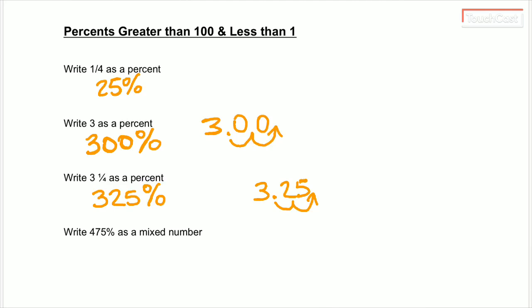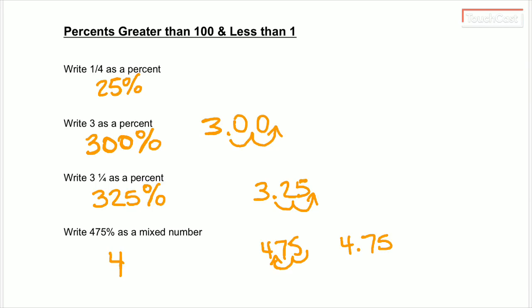Lastly, we have to go backwards. We have to look at 475%. It is a percent, and we have to make that into a mixed number. So we need to move the decimal 2 places to the left in this case. So as a decimal, that is 4.75. Since we have a whole number in front of the decimal, we can just add that to our answer. That's going to be 4.